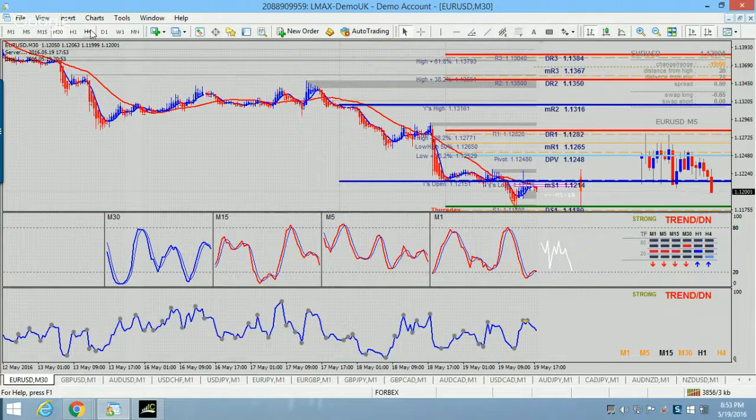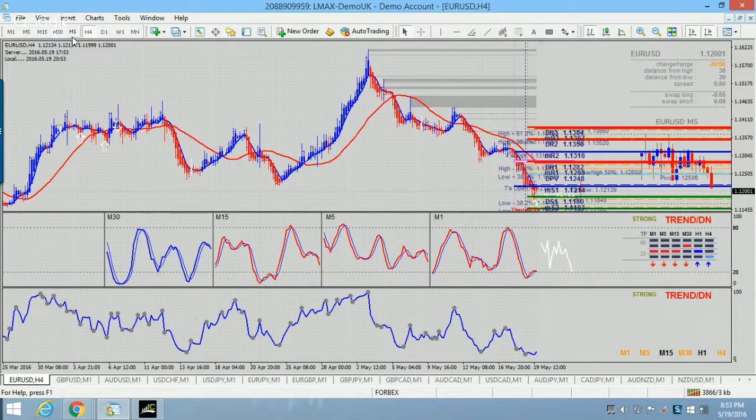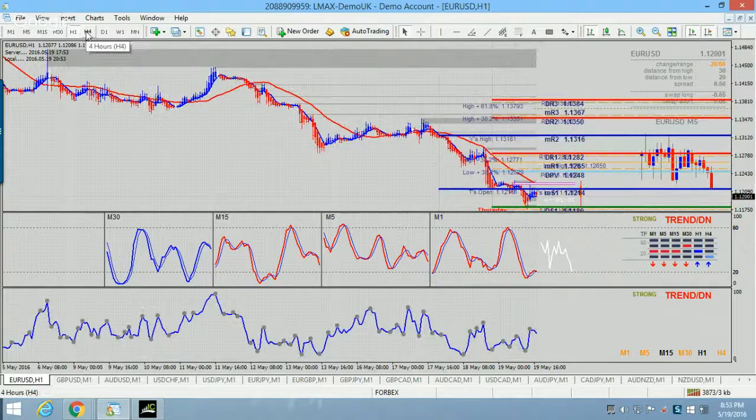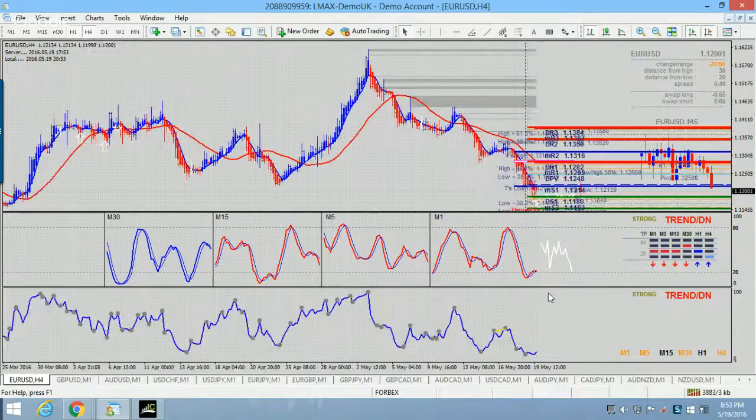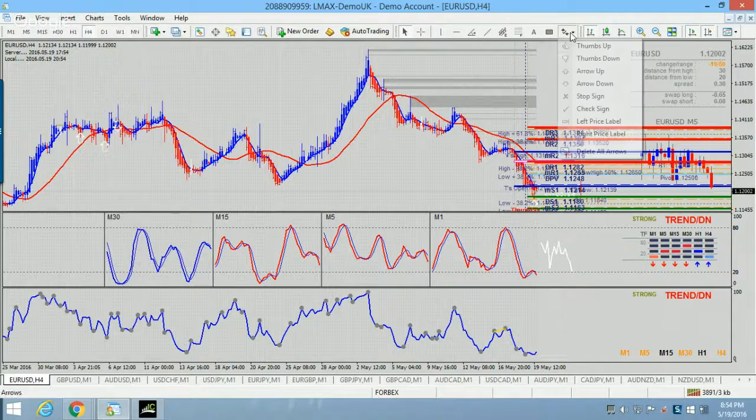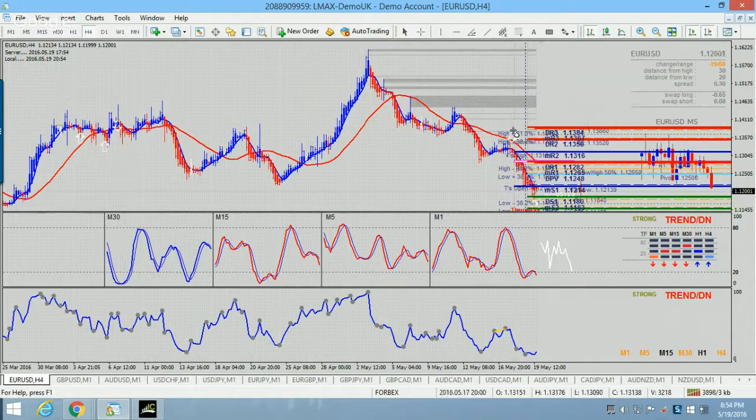And on the 4 hours time frame. Okay, let's wait. And here it is. As you may see, we had a really nice hidden divergence.